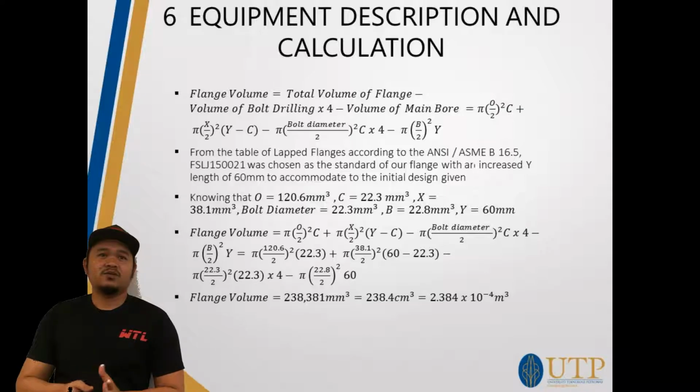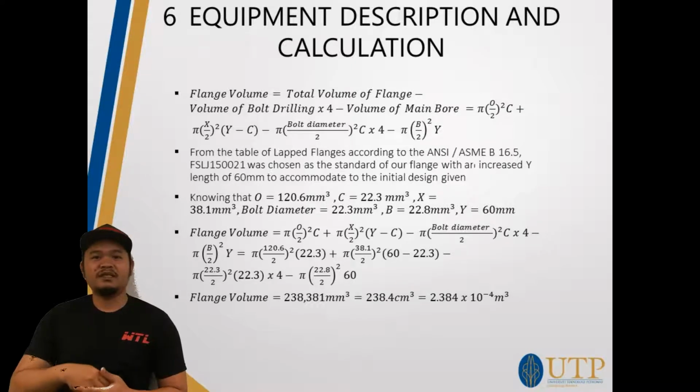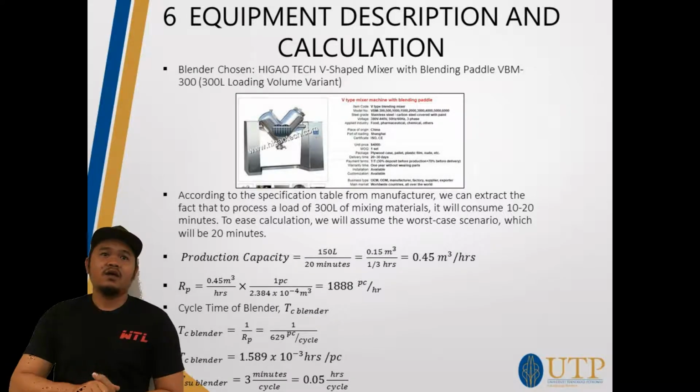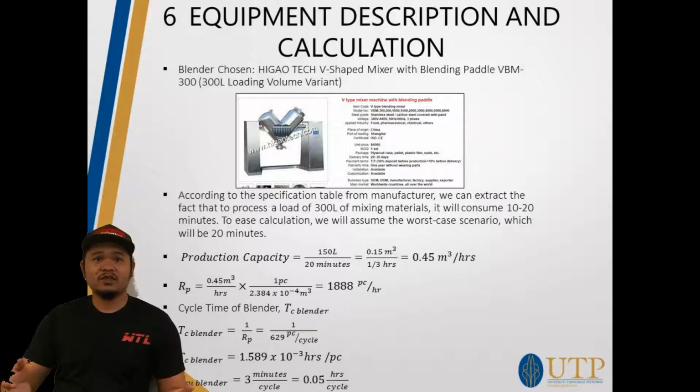Okay. Next we'll be going to the mixer calculation. First thing we do is the production capacity, after we choose which machine we're going to use. Then we got the volume, which is 150 liters, and our machine went for 20 minutes. We choose the worst case scenario, that will be 20 minutes, and we can get 0.45 m³ per hour.